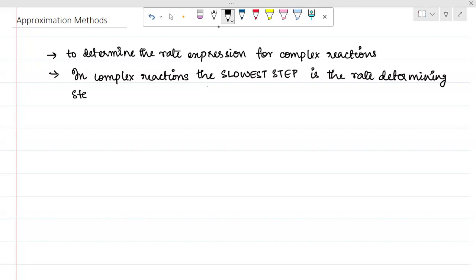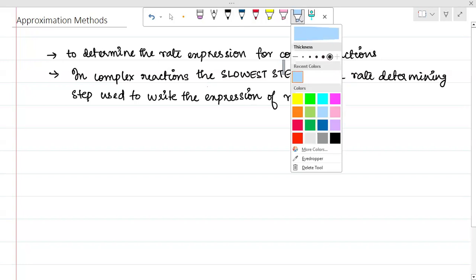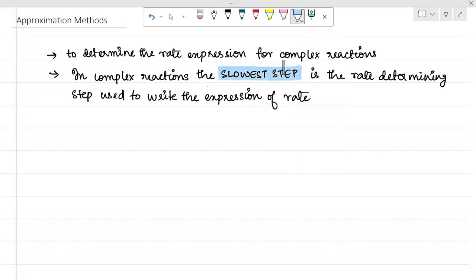The rate determining step is used to write the expression of rate.